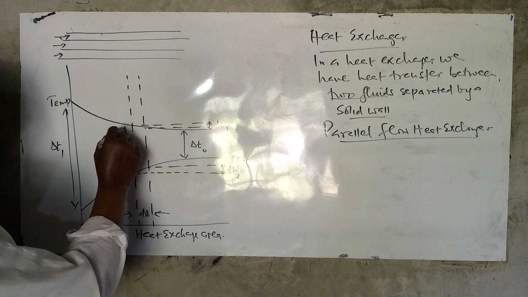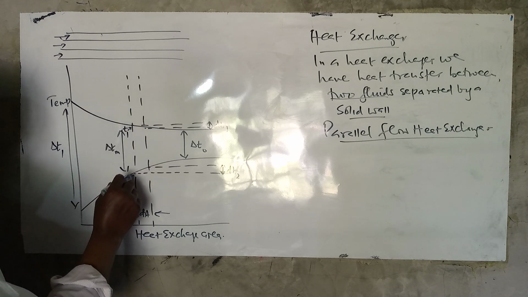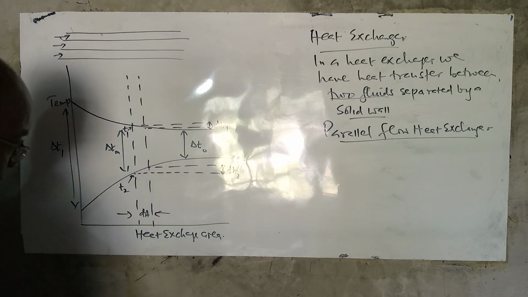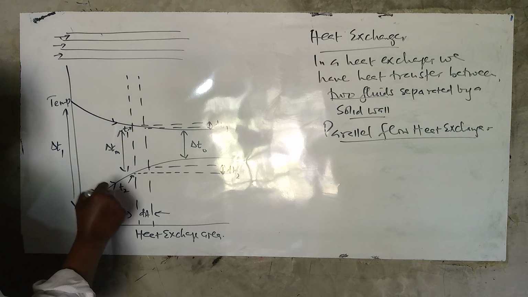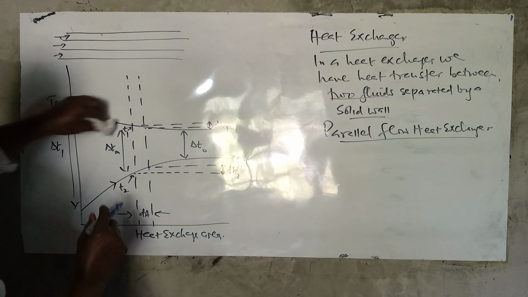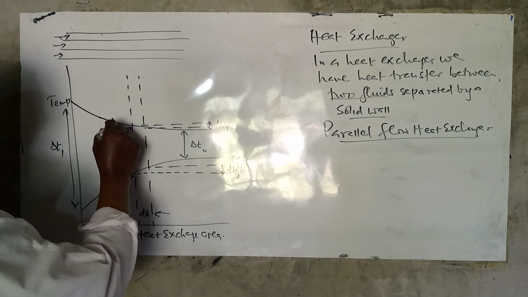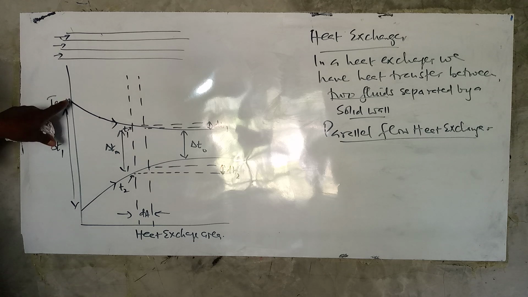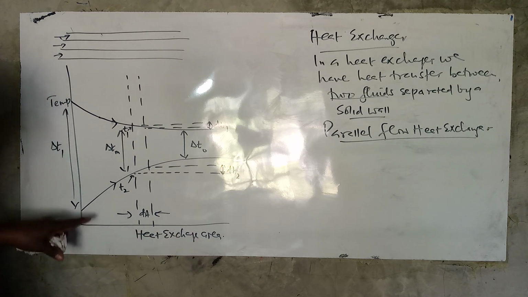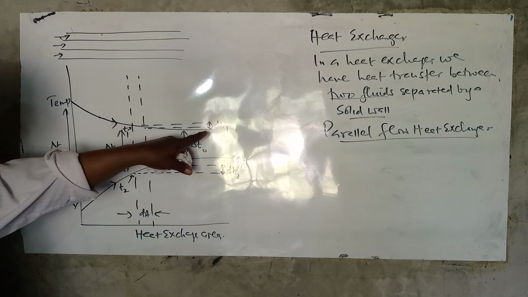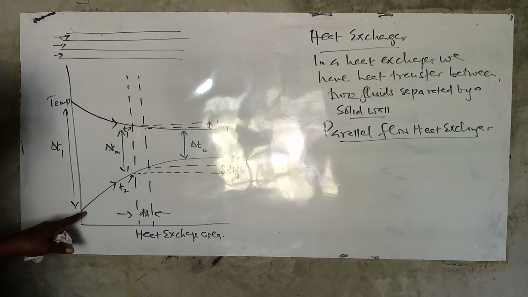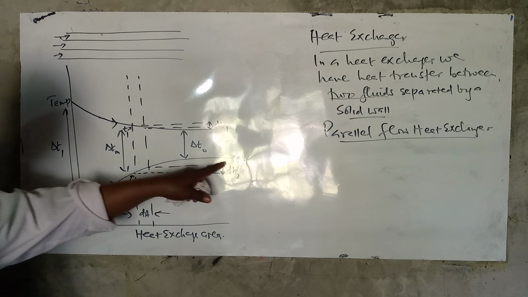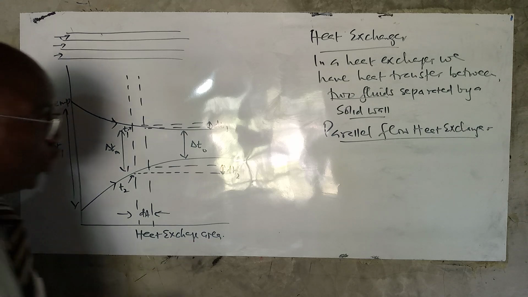So this is temperature T1, temperature T2. And so we observe that as the heat exchange area increases, the temperature of the fluid which was initially at the higher temperature decreases, while the temperature of the fluid which was at the lower temperature increases with the heat exchange area.